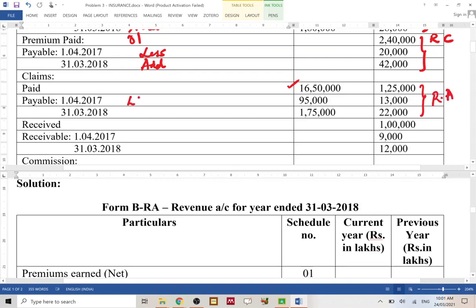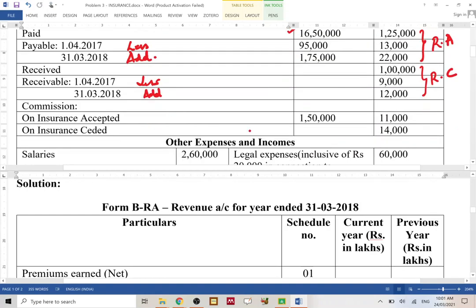Same effect: less if it is outstanding for the previous year, add if it is for the current year. But if it is paid, that means it is reinsurance accepted. You took the reinsurance business, you accepted it, so now you are responsible for paying the claims. Same way, you can receive claims only if it is on reinsurance ceded. If it's outstanding previous year, less; outstanding current year, add.